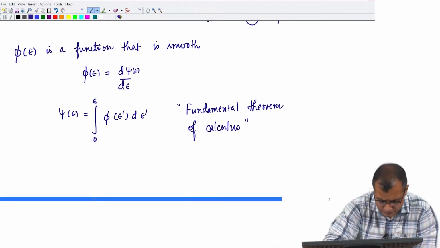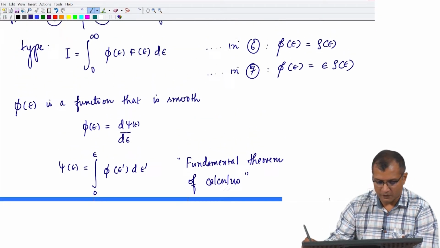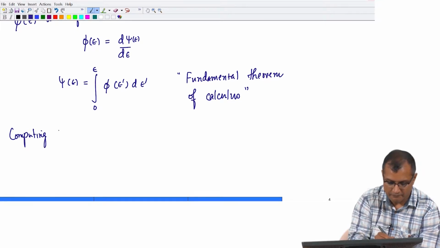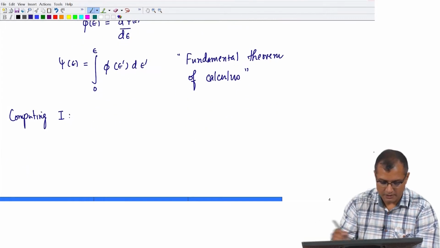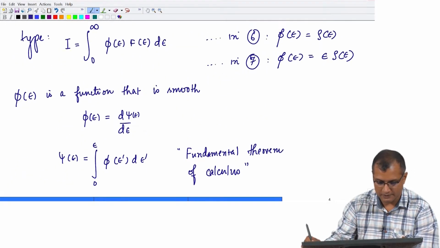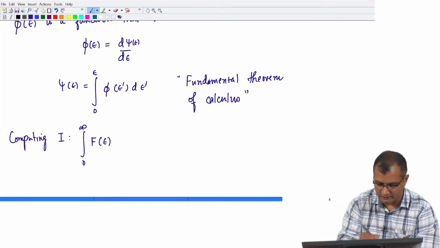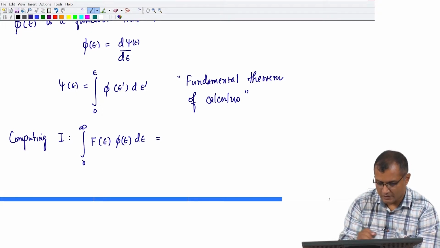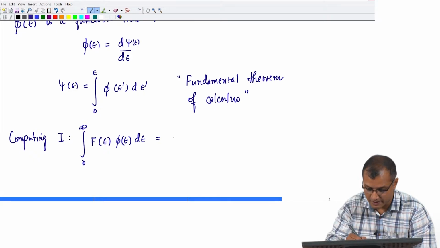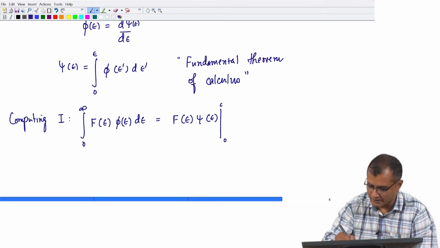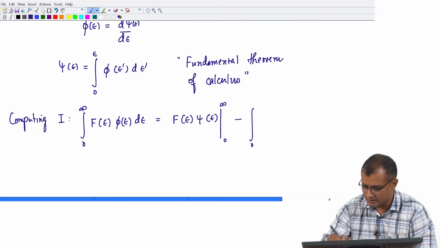So now I can compute the integral I. I can write down integral I as 0 to infinity, I am going to write down the Fermi function first and then write the function phi of E. If you do it by parts, then it becomes simply the Fermi function into integration of phi, which is nothing but my function psi, and the limits here are 0 to infinity, minus integration of the derivative of the Fermi function into psi.